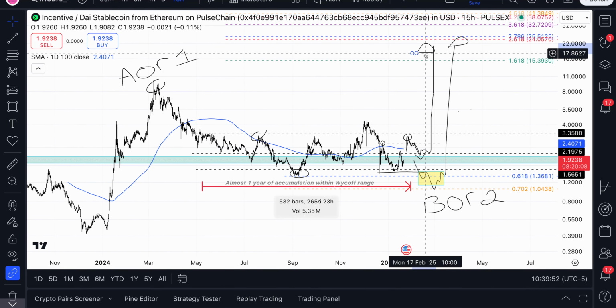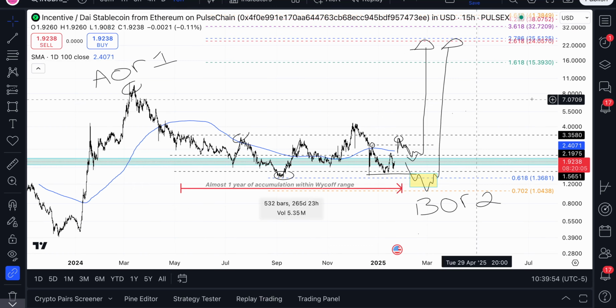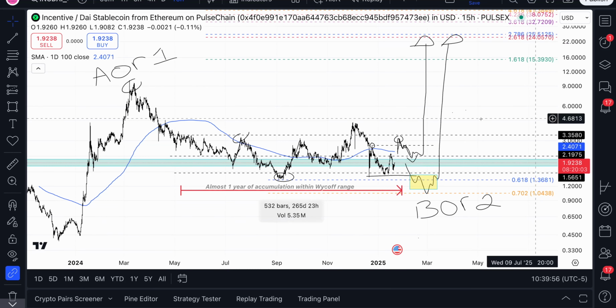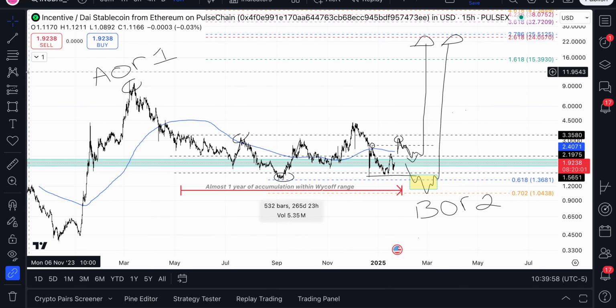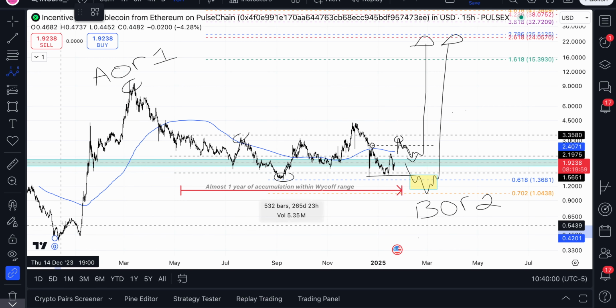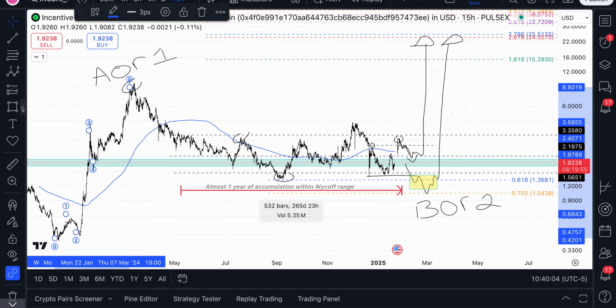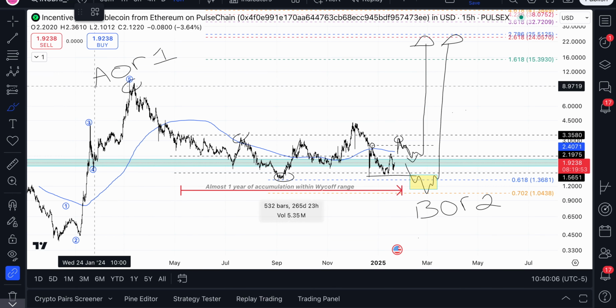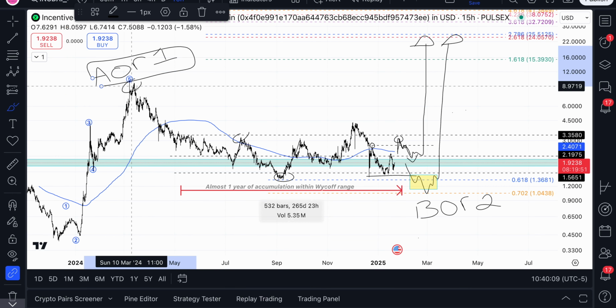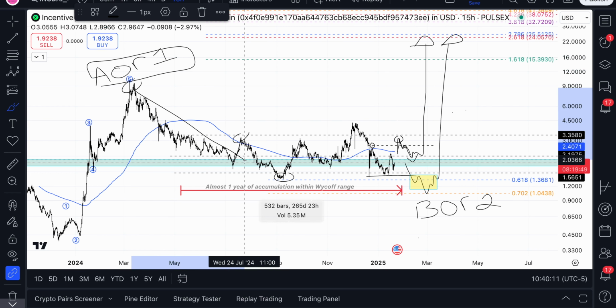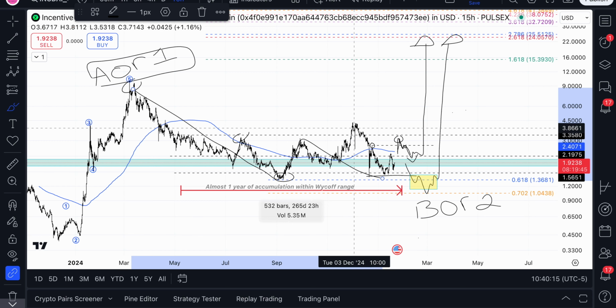So yeah, I'm very bullish on incentive token because it follows Elliott wave very well. Right? This over here is our 5-wave move to the upside in our A wave or our wave 1. And then you have your A, B, C for your B wave or your wave 2.